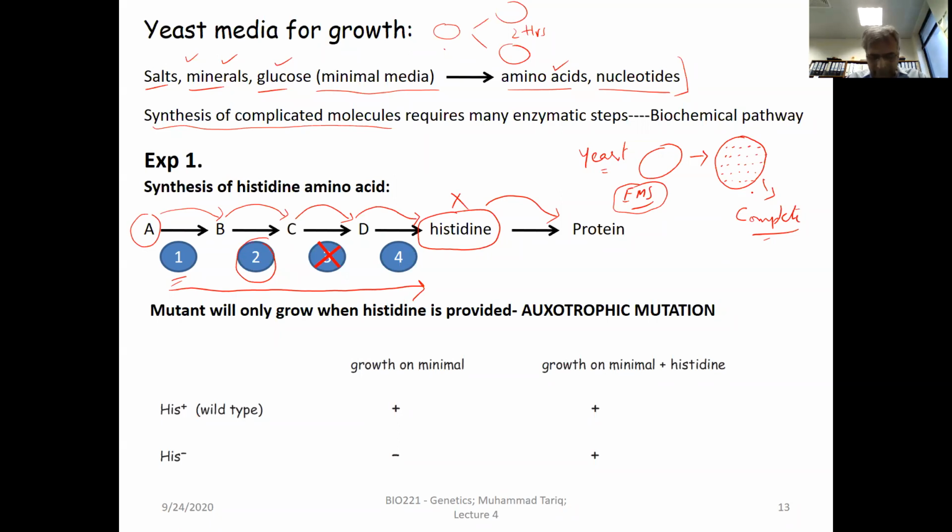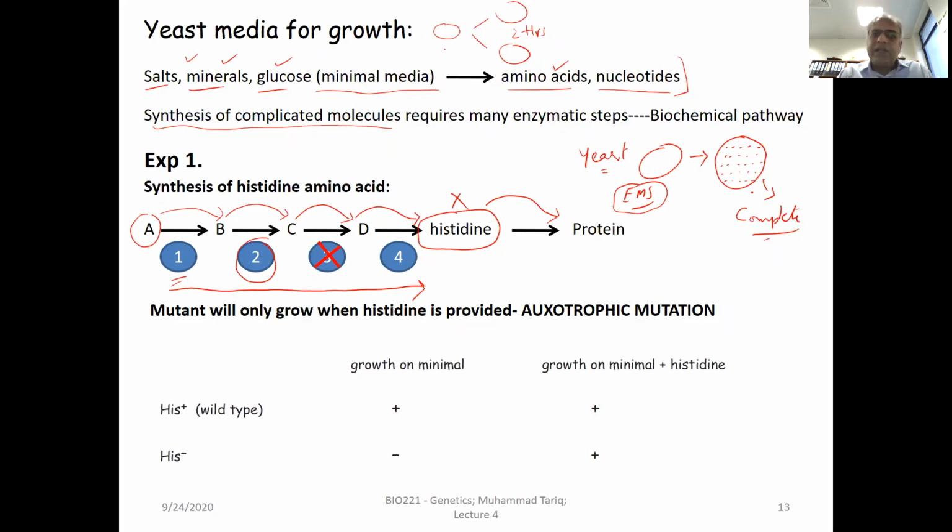But will that change, for example, in a multicellular organism, will it be expressed? Right now we are talking about yeast, but in a multicellular organism, for example, if our recessive gene has become homozygous recessive because of that recombination, that change in the gene will not be expressed in the phenotype, right? Because it is only one cell while growing.